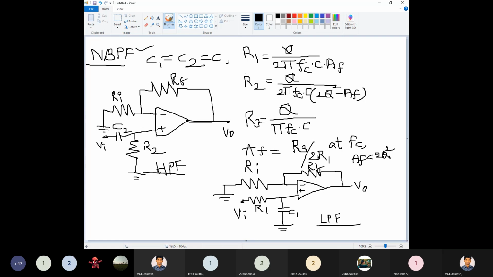So here we form it simply by cascading the high pass and low pass filters like this. So we need to connect this to this. You need to draw these two diagrams.